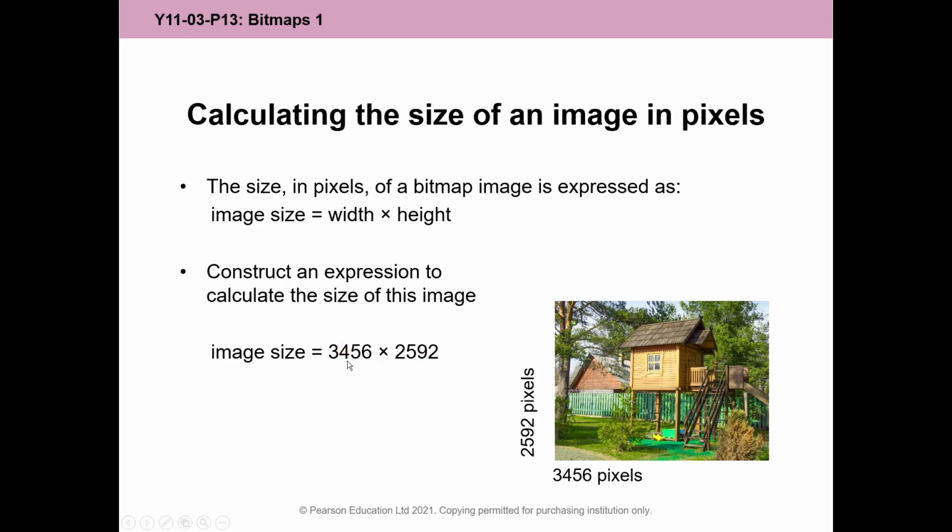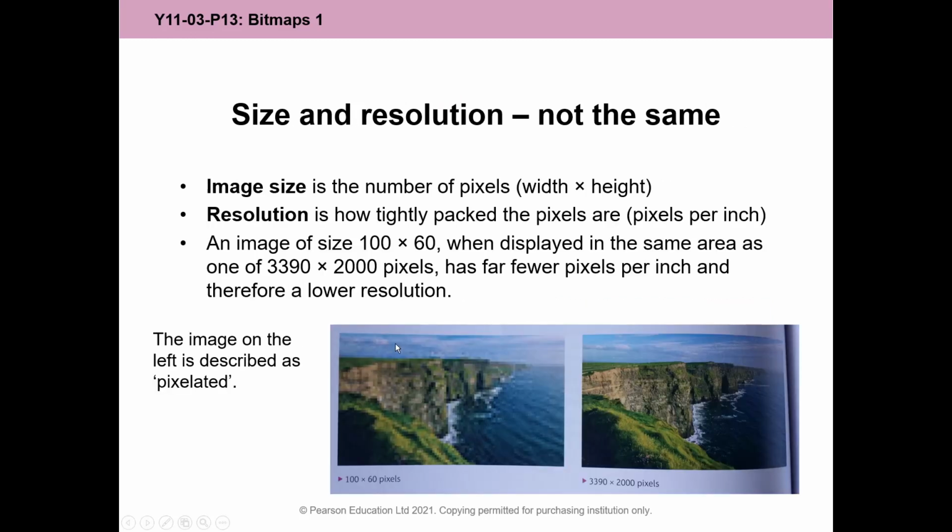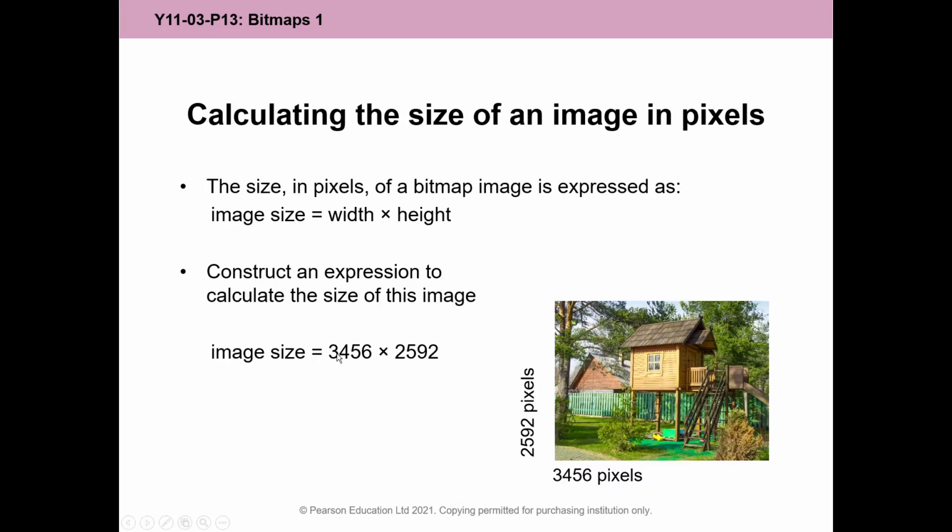We wouldn't calculate it. We'd construct an expression, which means writing down what we would put into the calculator. And then we'd have to work out how many bits per pixel. For example, if there are 8 bits per pixel, we'd have to multiply this by 8. If there's 16 bits per pixel, then we'd have to times this by 16.